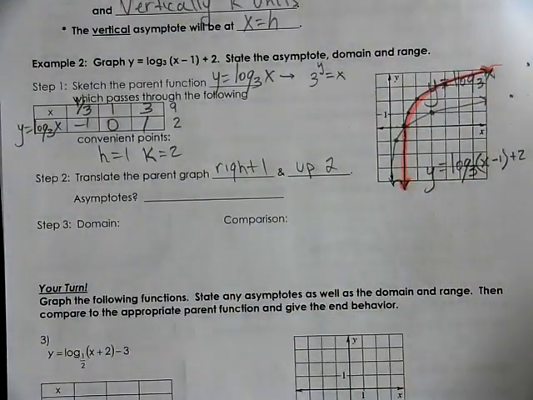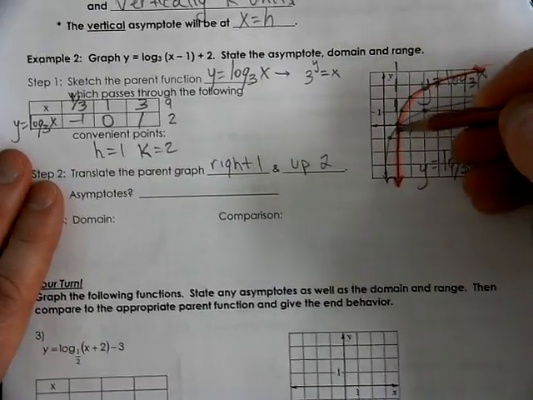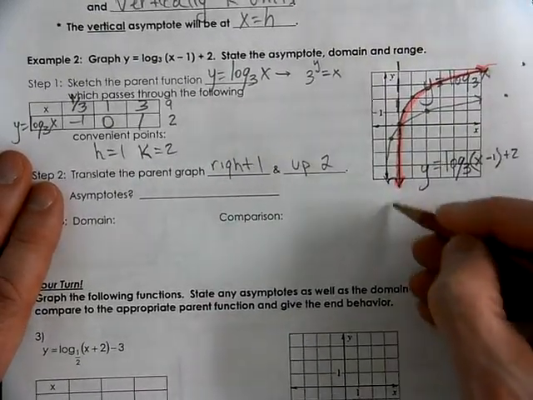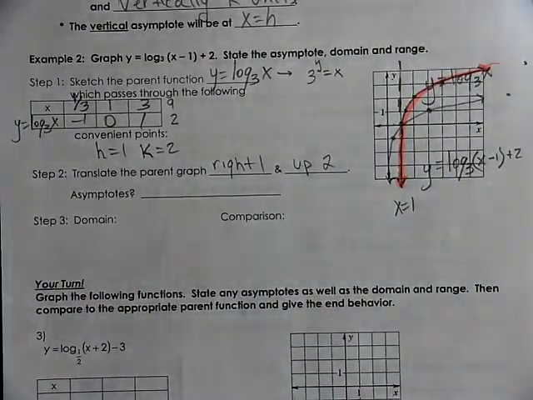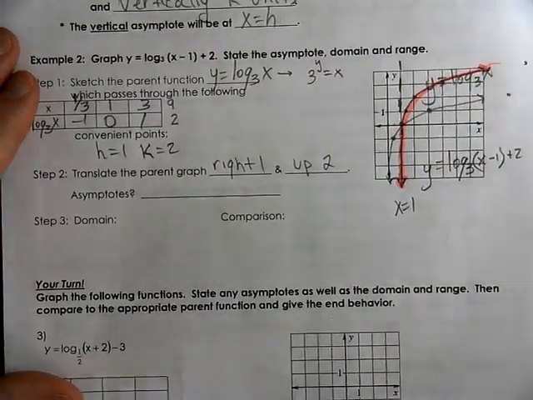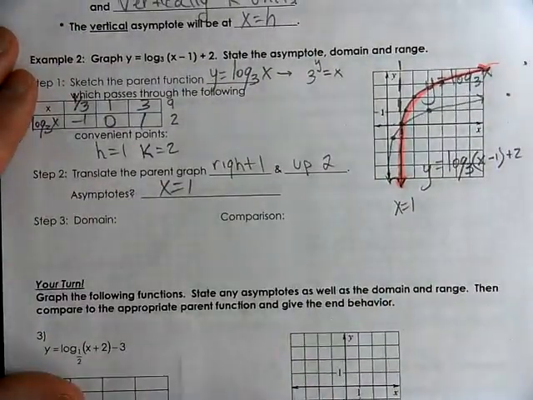So that means since we translated to the right 1, we now have our asymptote that is also moved to the right 1. And you want to label that on your graph. So the asymptote is x equals 1.